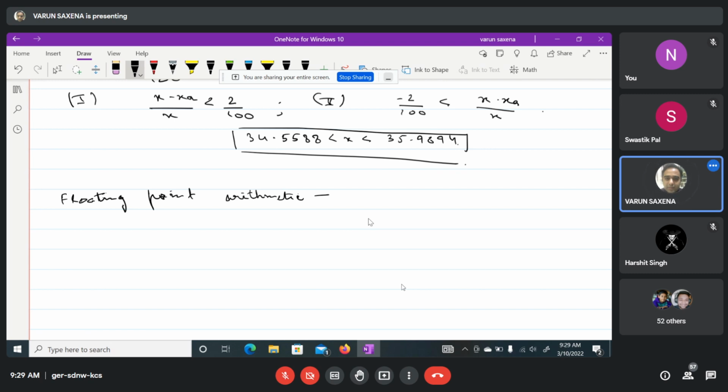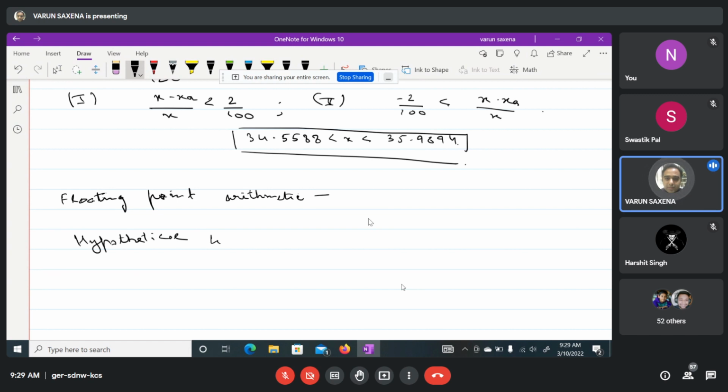Okay. So let's say that we have a hypothetical computer. Because if you look at practical computers, you'll have 32 bits or 64 bits, but we can't really do that kind of a calculation by hand. It will be absurd, take too much time.